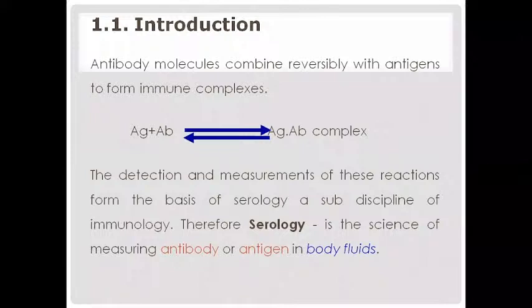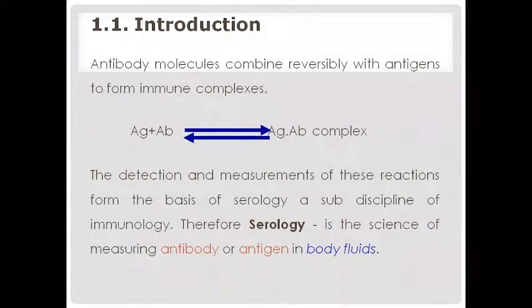In other words, the antibody can bind with an antigen, and sometimes if you vary the concentrations, you can have the reverse: the antigen can dissociate from the antibody and so forth. These antigen-antibody interactions are very critical because they enable us to detect and measure these reactions, which forms the basis of serology.